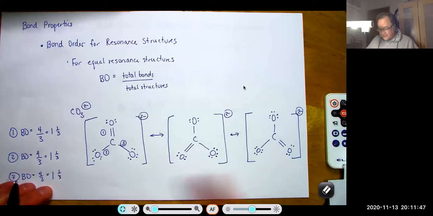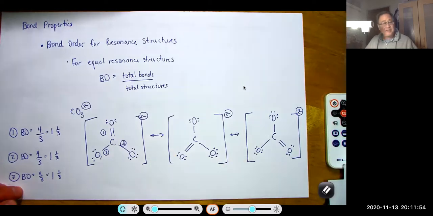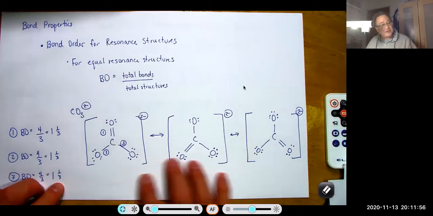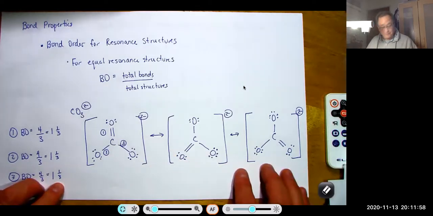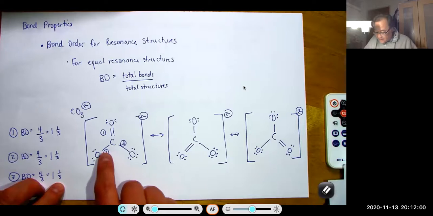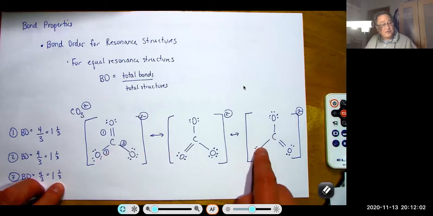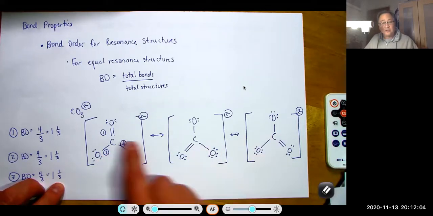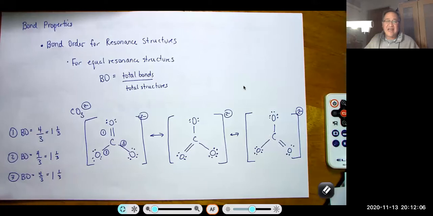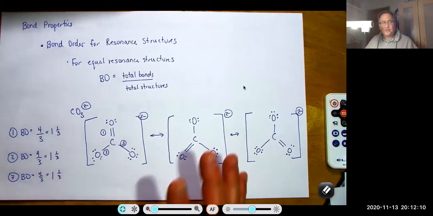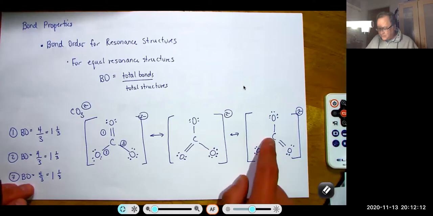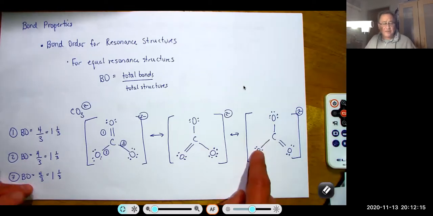So how do we explain this? Well, to get a bond order where the resonance structures are all equivalent, you simply look at all 3 resonance structures and you look at the bond that is the same in each one. Remember, these 3 molecules are not 3 molecules, they're the same molecule drawn 3 different ways. So what is the real bond order right here between this carbon and this oxygen going down to the left?